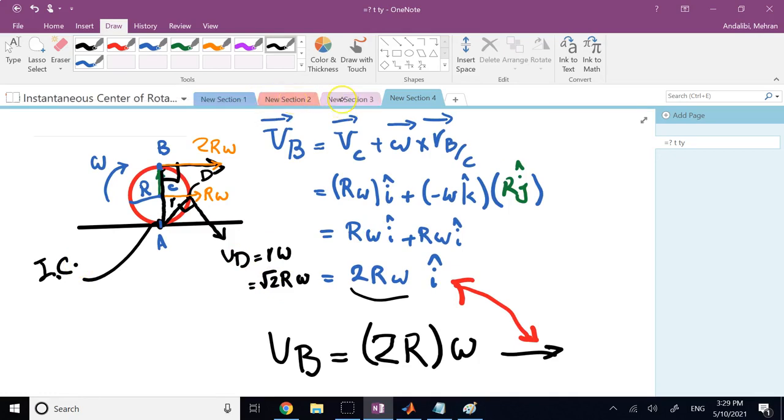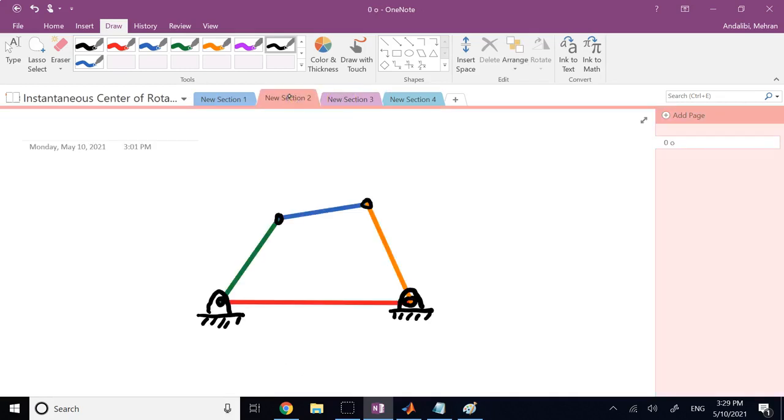Now you might say, well, what if you have more than one single rigid body here? If I have more than one rigid body, I have a mechanism like this, how would you do the analysis? And I'll show you that.